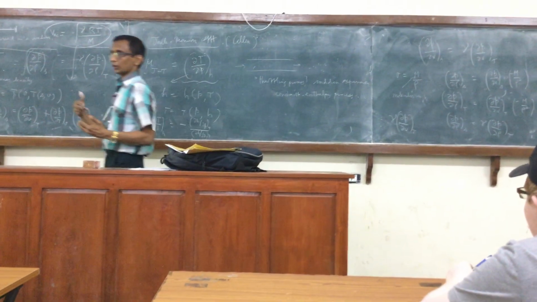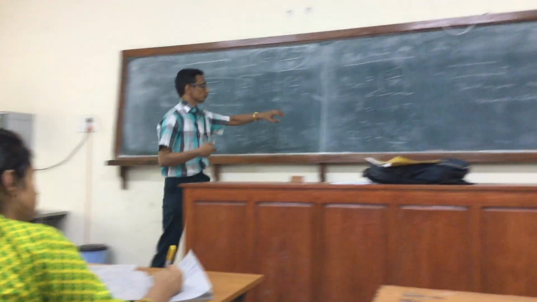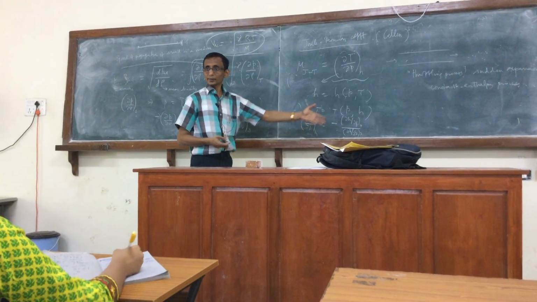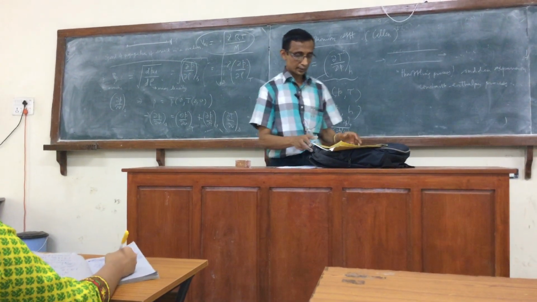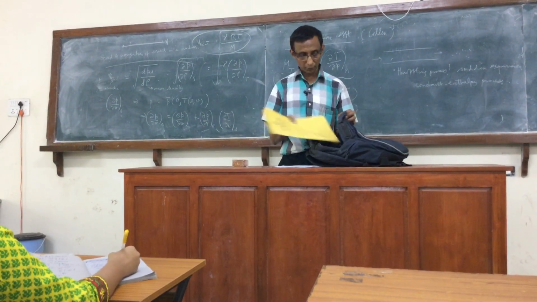It gives the derivative of the new function, not of the old function. The formulas are already given, so you can easily derive that. We will discuss the consequences of that in the next class and take up the assignment problems on Monday.